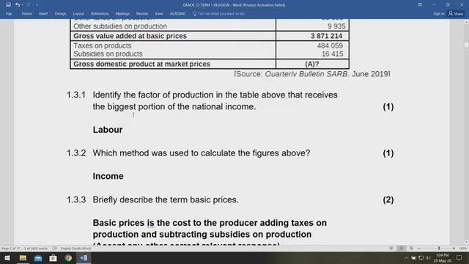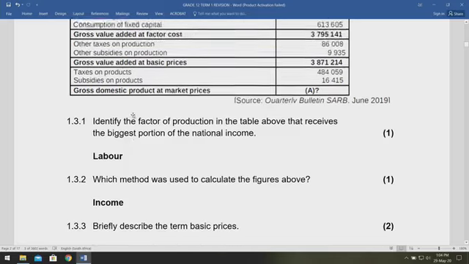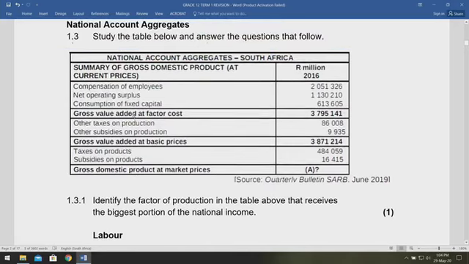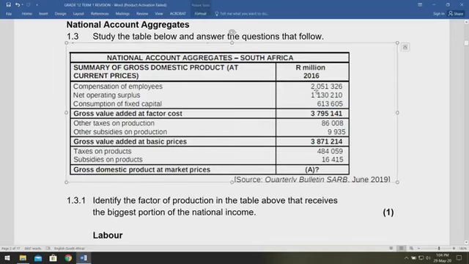All you need to do is go to your table and read which factor has got the biggest portion of national income. So you can't look at these ones, because these are totals. So we're going to ignore those ones and we see where the biggest number is, and we find that 2051326 is the biggest number out of all of that, and that is compensation of employees.